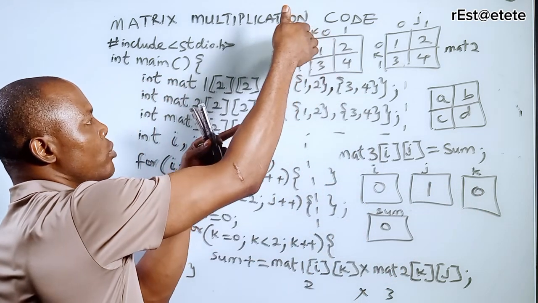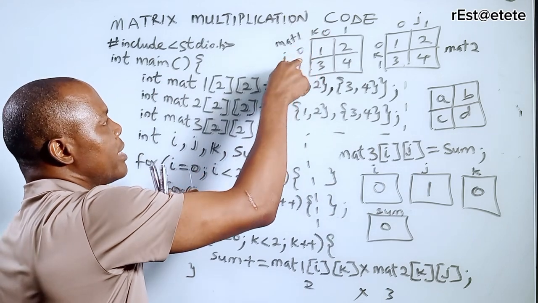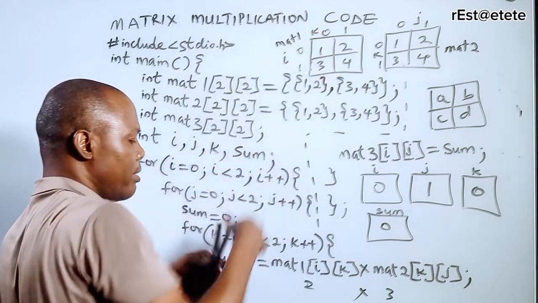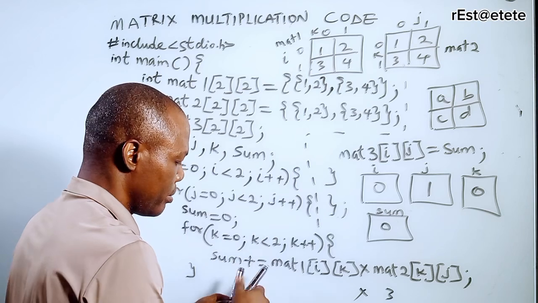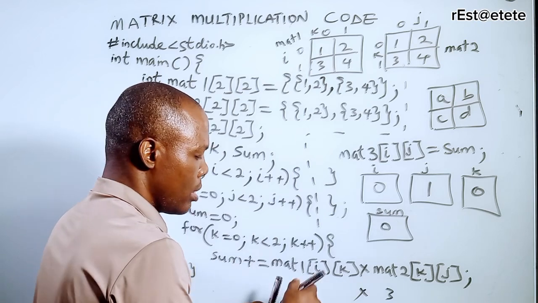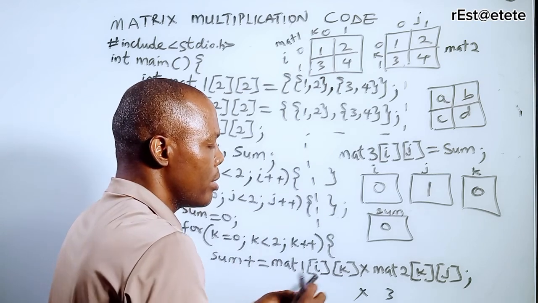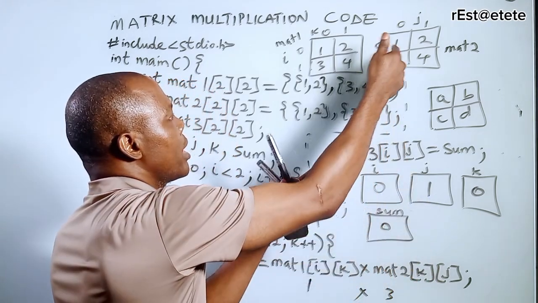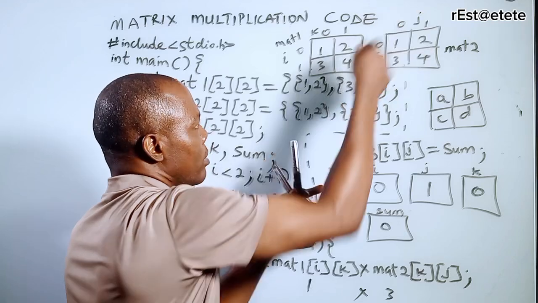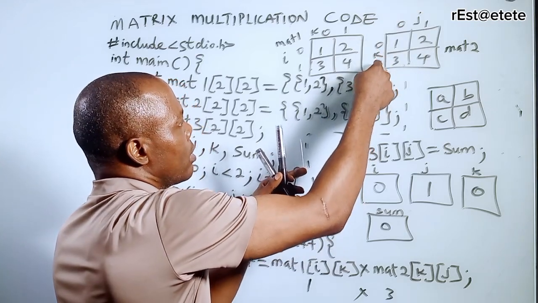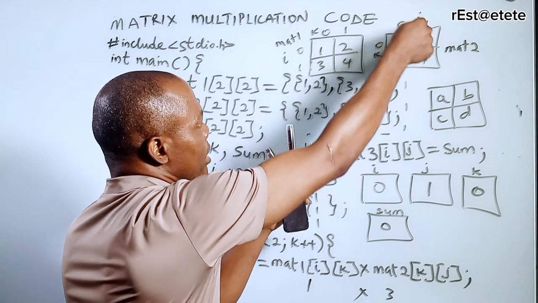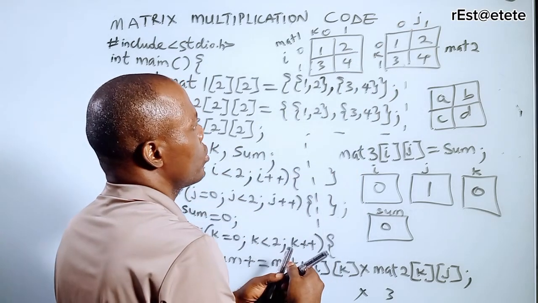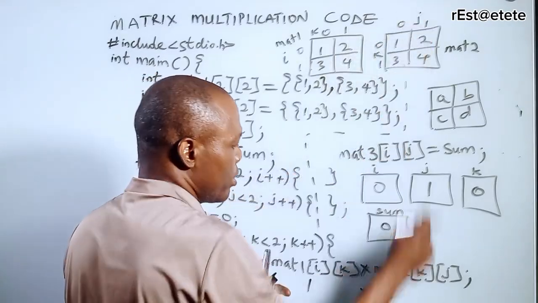So you come to this mat1. I is 0. K is 0. What is the value that is there? 1. Multiply by, you come to mat2. K is 0. J is 1. That is 2.